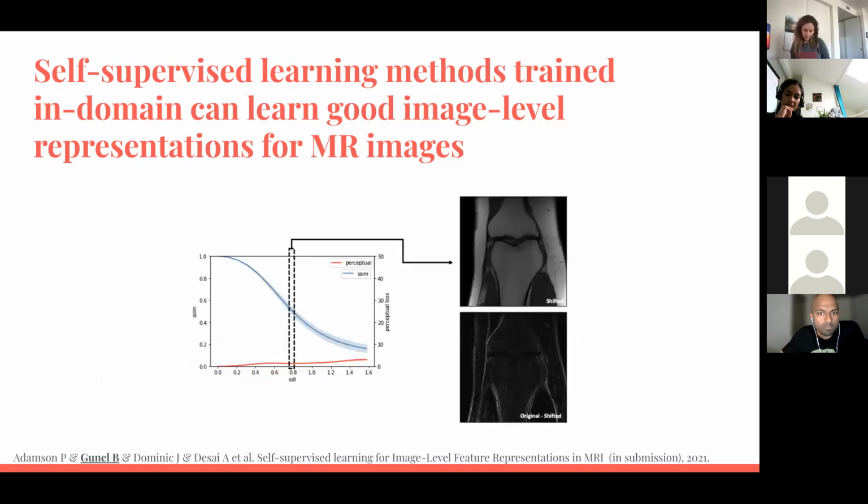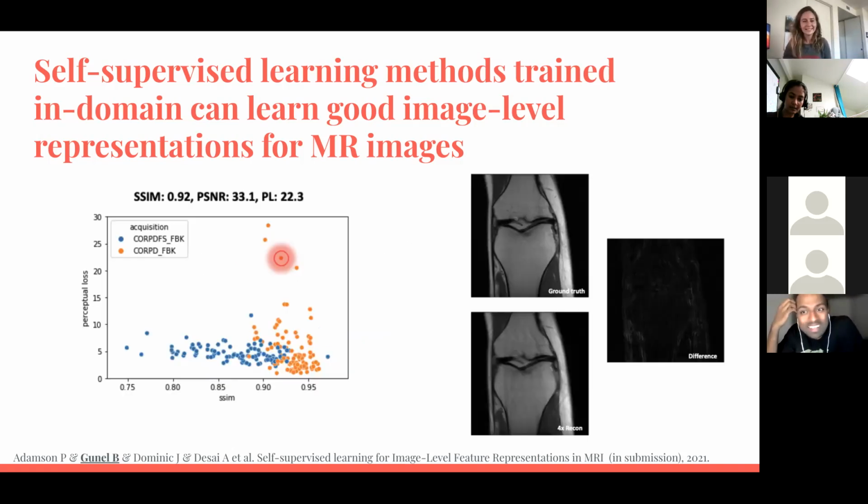Sorry, another question. Is the perceptual loss difference in the feature space of your in-painting network? Yeah, it's the difference between extracted features from the ground truth and the reconstructed image.